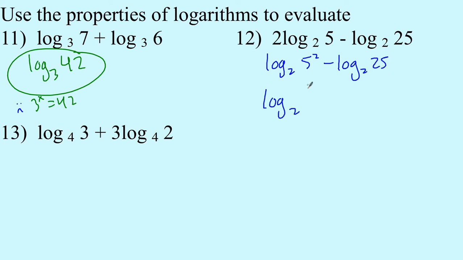Log base 2 of, well, 5 squared is just 25 over 25. Log base 2 of 1, well, that's just 0. Any log base of anything to 1 is always 0.